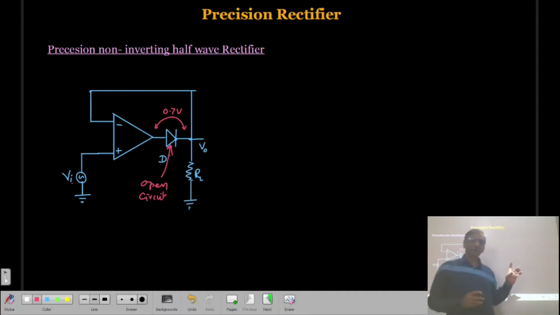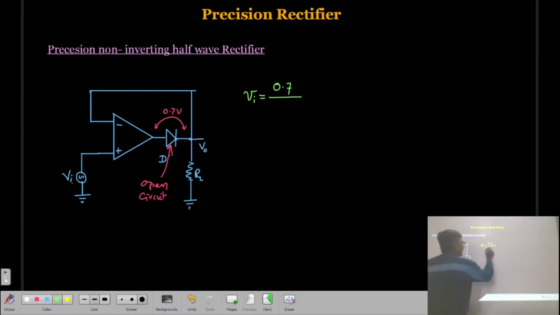Now we will calculate how much voltage is required for conducting the diode. In the previous case, we know that for the conduction of the diode you require 0.7 volt, then only the diode will be forward biased. But here, the operational amplifier is there and its open loop gain is very large. So we can calculate the amplitude of this input voltage like this: the input voltage equals the output voltage, the required output voltage is 0.7 volts for the conduction of the diode, divided by the open loop gain.